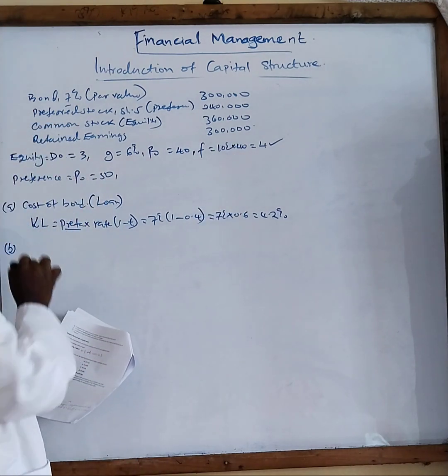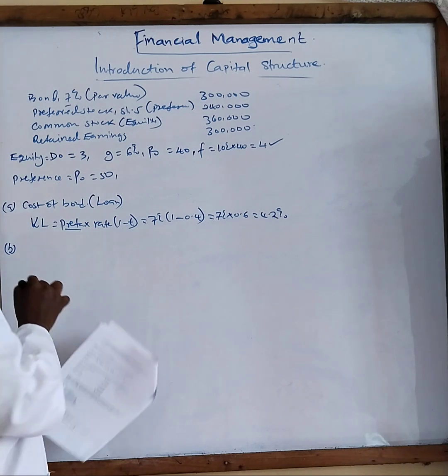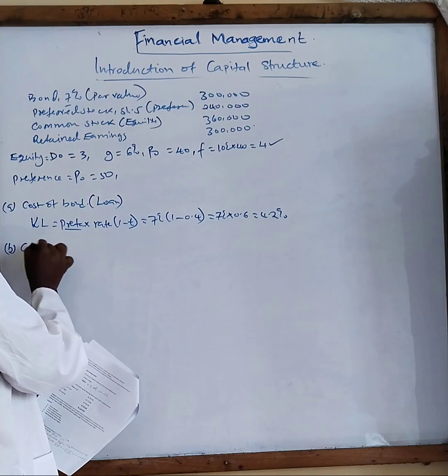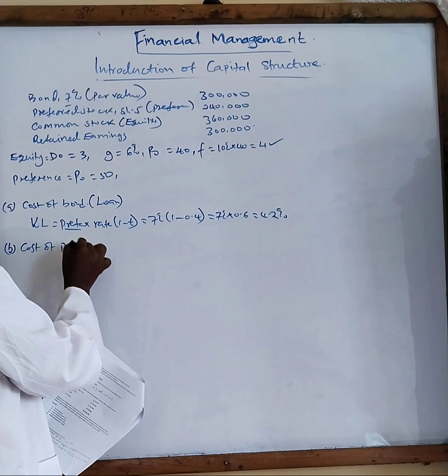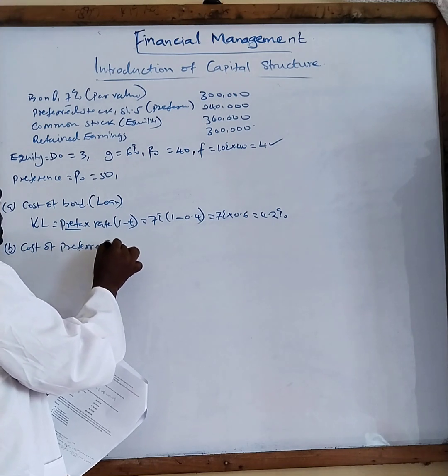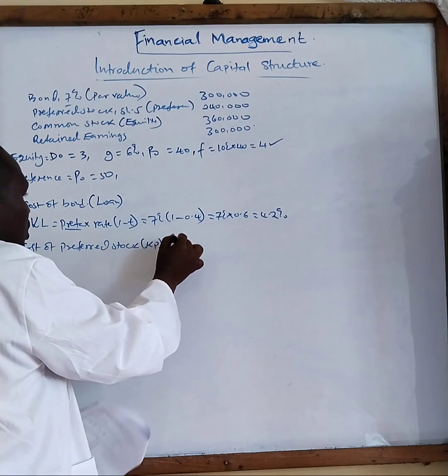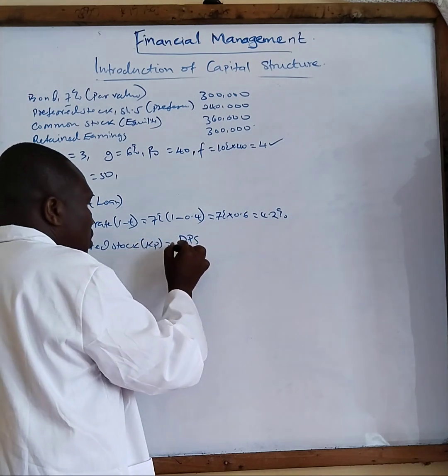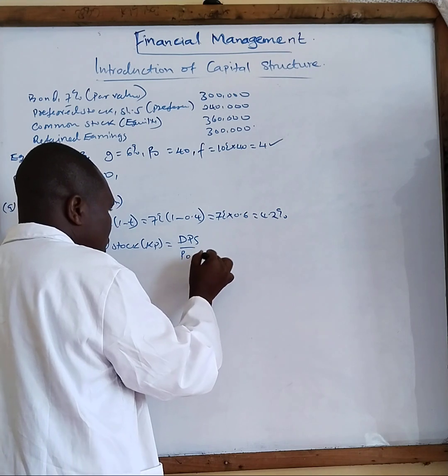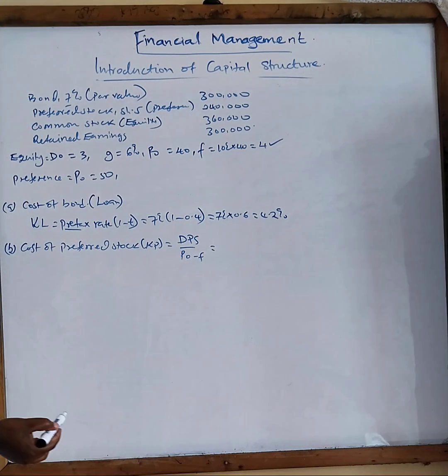B. Cost of preference shares. Cost of preferred stock. KP equals DPS over P0 minus flotation. And let's see. DPS.